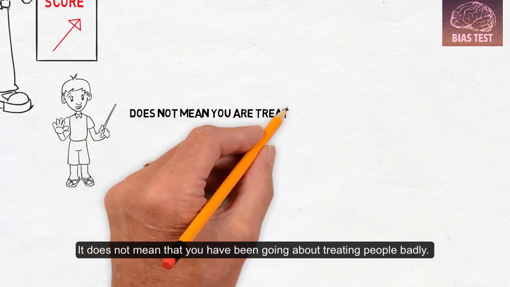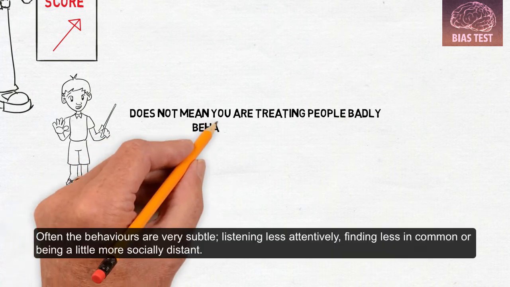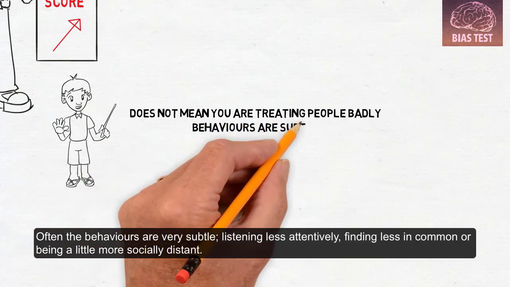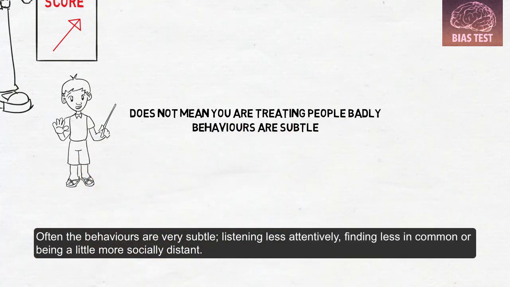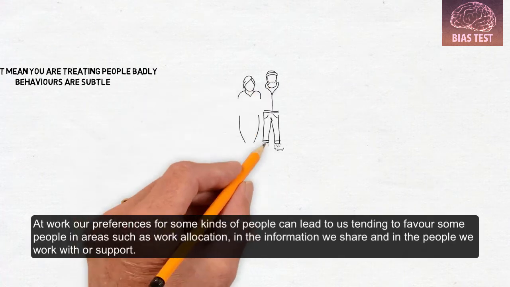It does not mean that you have been going out treating people badly. Often the behaviours are very subtle, listening less attentively, finding less in common, or being a little more socially distant. Often others detect these subtle effects unconsciously, making them feel a little less comfortable with us without really knowing why.